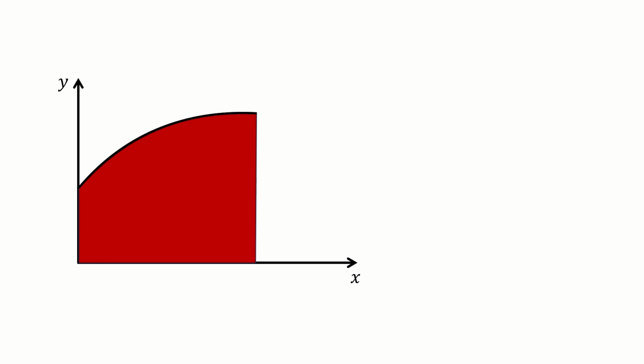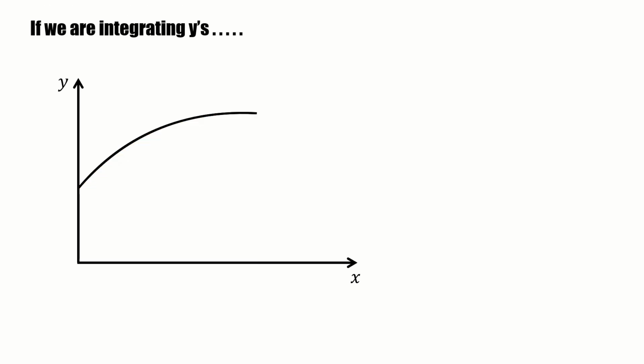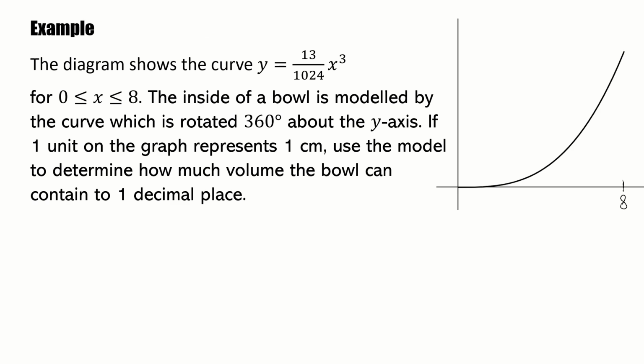But if you integrate y's, it will find the area between the curve and the y-axis instead. So that is the region that we would be rotating if we were integrating that curve as part of volumes of revolution about the y-axis. So in other words, integrating the y's. Cool. So let's put that all together in an example.